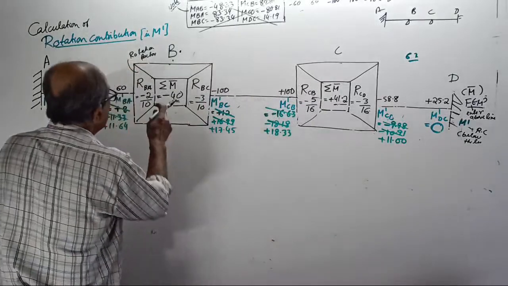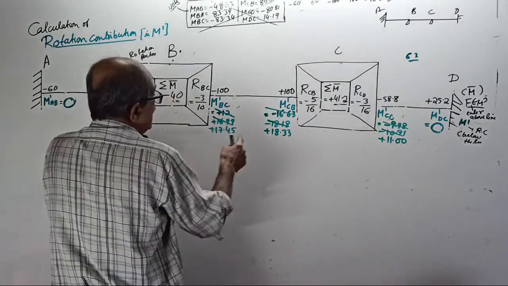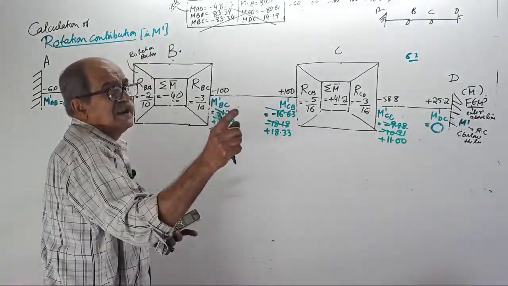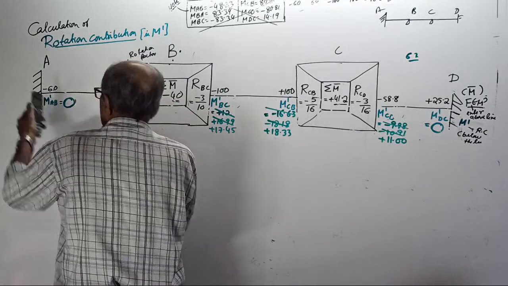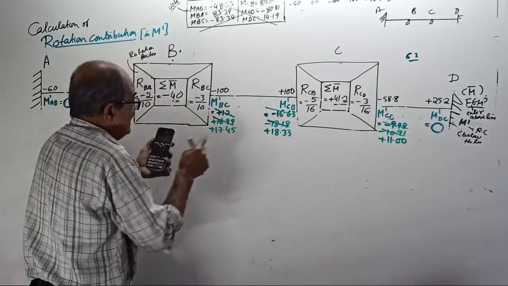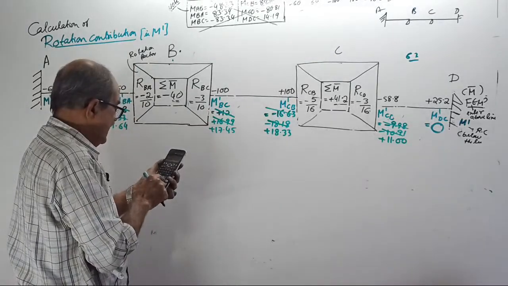Okay, again come back to B. Minus 40, you can see values are converging. Minus 40 plus this side is 0, that side is plus 18.33 divided by 10 into 2.